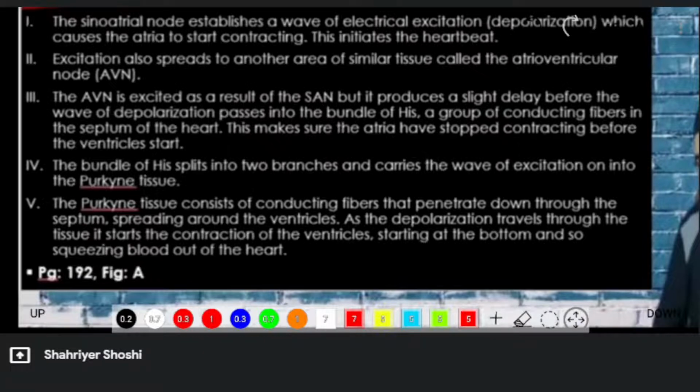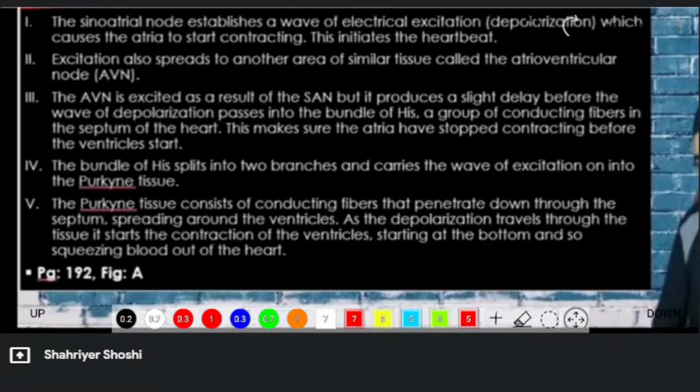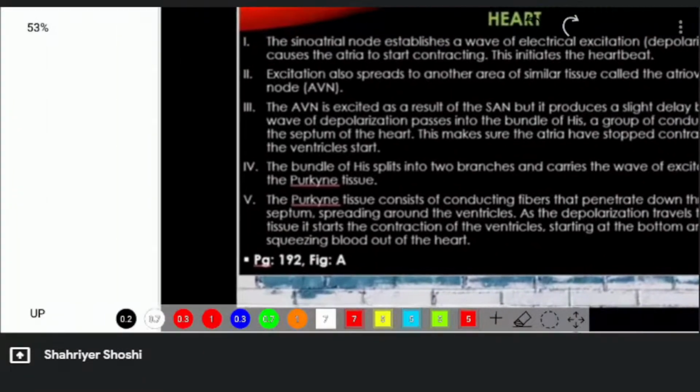Let me summarize this once. First, the shock generates at the SAN, passes to the atrium, the right atrium.